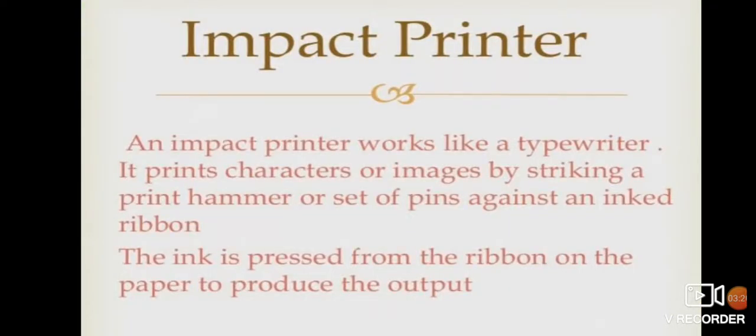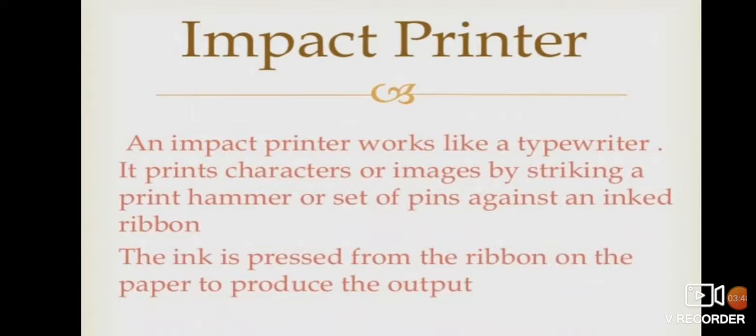Students, we will now understand what impact printers are. Remember, every printer has a print head which strikes a ribbon and we get the output on paper. An impact printer works like a typewriter. It prints characters or images by striking a print hammer or a set of pins against an inked ribbon.